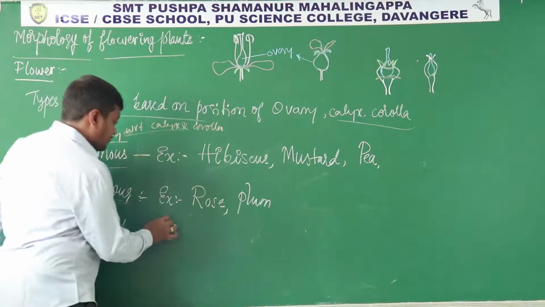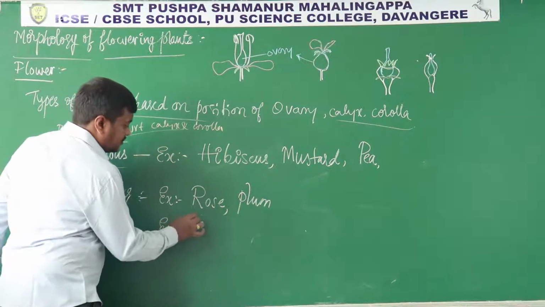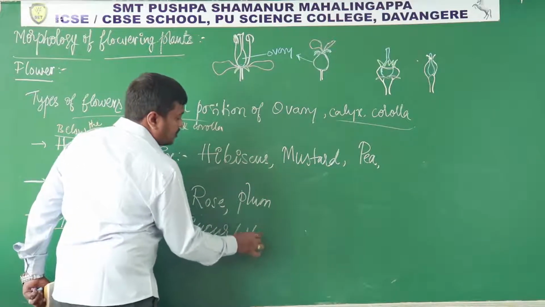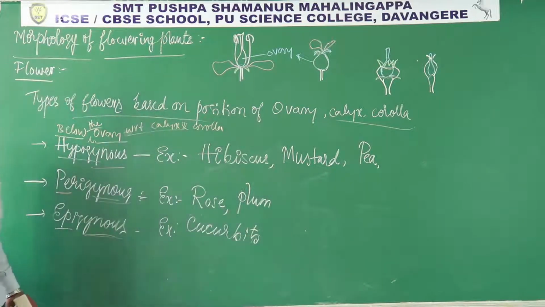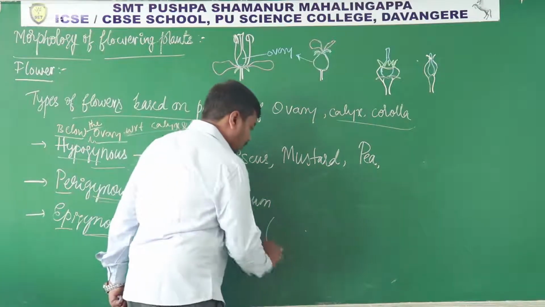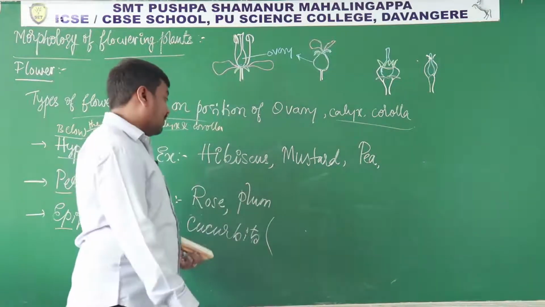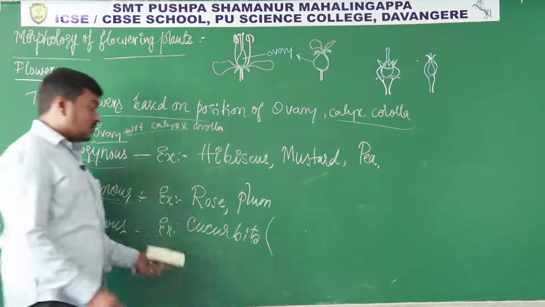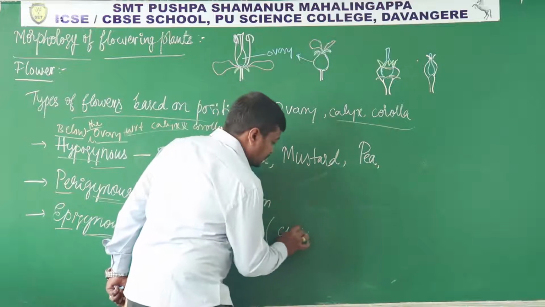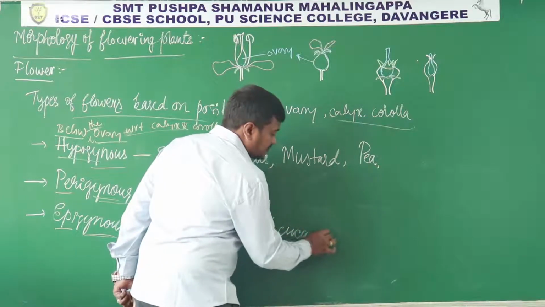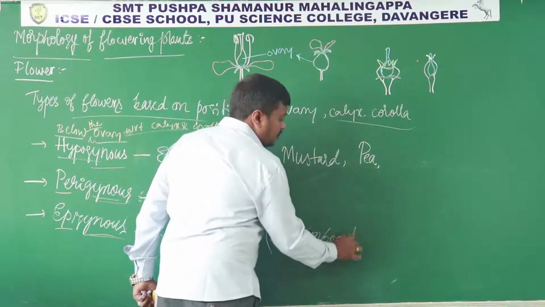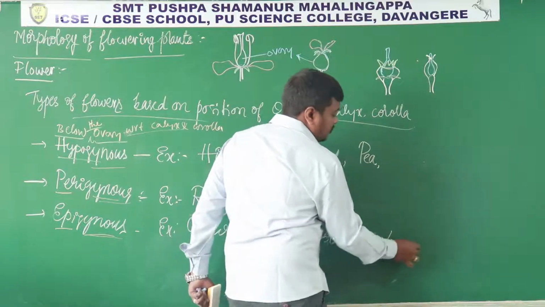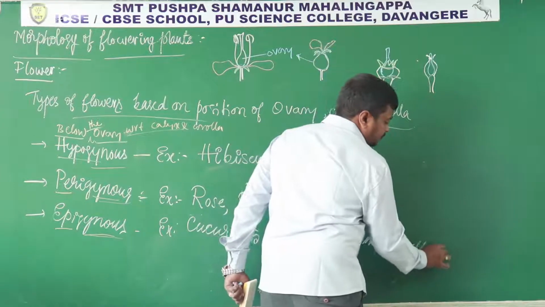Then epigynous. Epigynous means cucurbits, all cucurbits. So what are those cucurbits? Cucurbits belong to a particular family called cucurbitaceae. All the plants that come in that family have epigynous flowers. So the cucurbits are such as cucumber, pumpkin, all gourds.